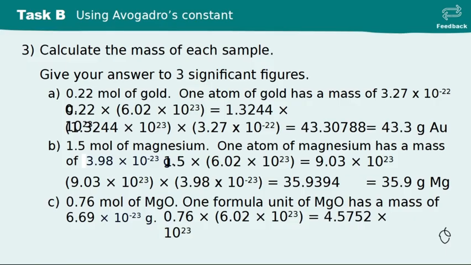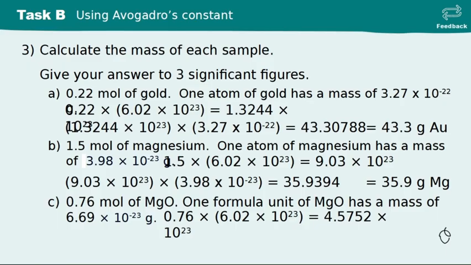And 1.5 moles of magnesium, multiply that by Avogadro's number. And once we've got the number of magnesium atoms present in 1.5 moles, we then multiply that by the mass of 1 atom of magnesium. And that would then give us 35.9 grams of magnesium.